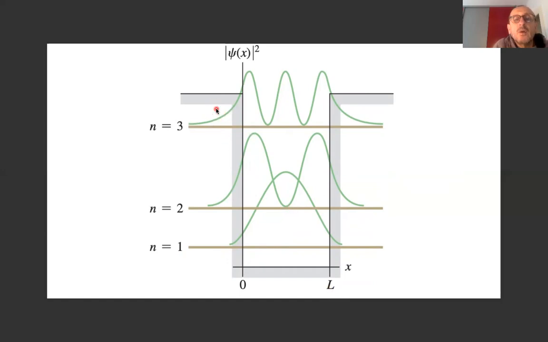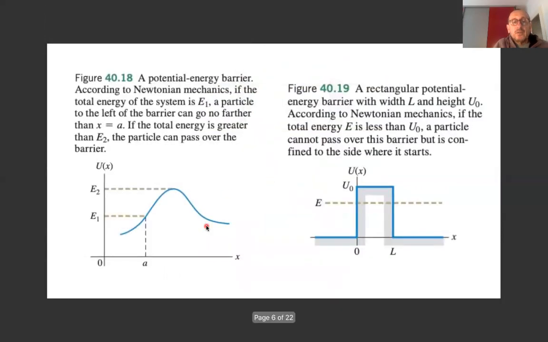What would happen if I cut the potential down here? If I have a particle here and I lower the potential, this particle can actually go through quantum mechanically. To describe this, we're going to consider a potential that does exactly that.